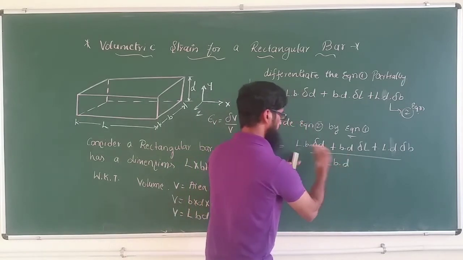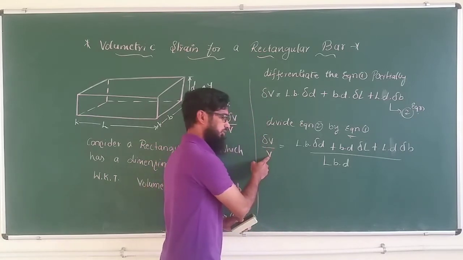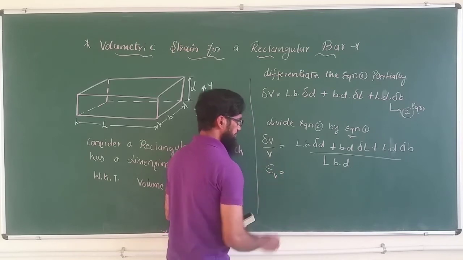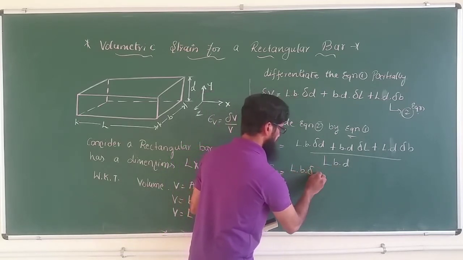Now take the separate terms, means you just separate here. So this delta V by V is epsilon V, that is the volumetric strain. Now if I separate here, I'll write one more way.